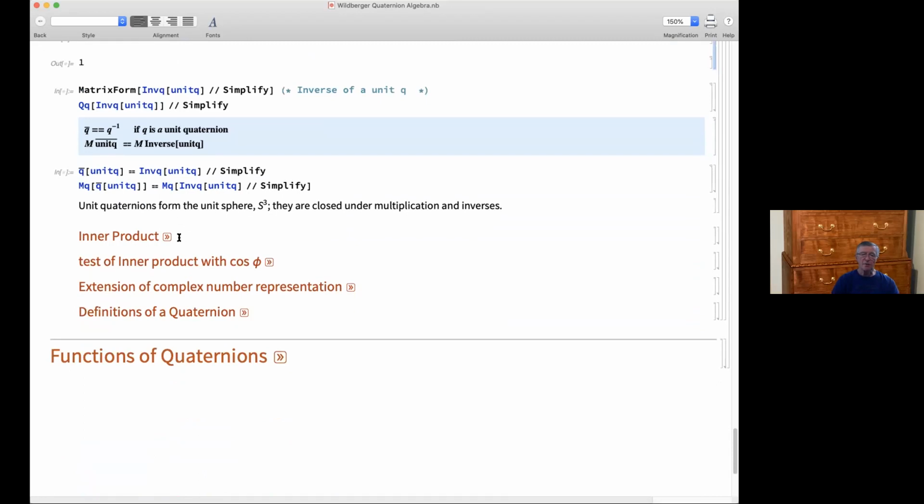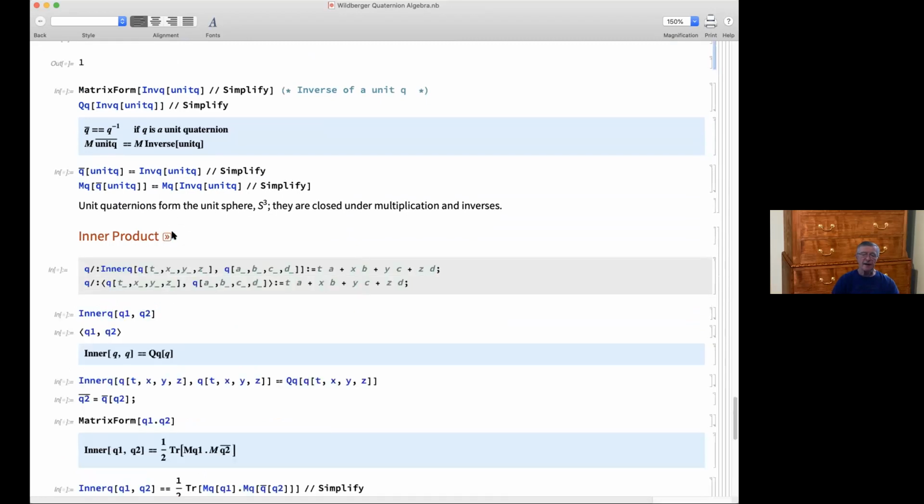To continue on, we can identify an inner product. Of course, the inner product normally uses the dot symbol, but we've already used that for matrix multiplication and for multiplication of quaternions.